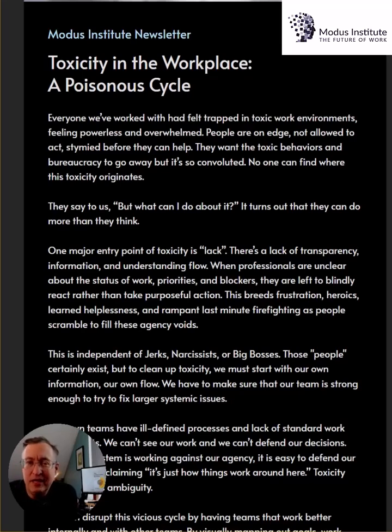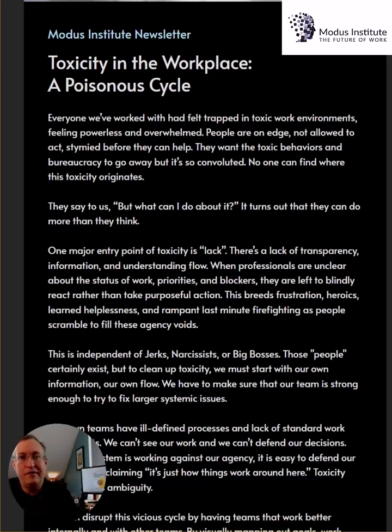All toxicity at the office can usually be tied to some sort of restriction. So we don't get the information we need. We can't make the decisions we want to make. We can't act with confidence. And sometimes that is due to a person or a system standing in our way willfully and being a jerk about it.